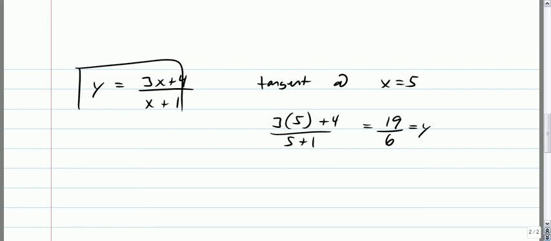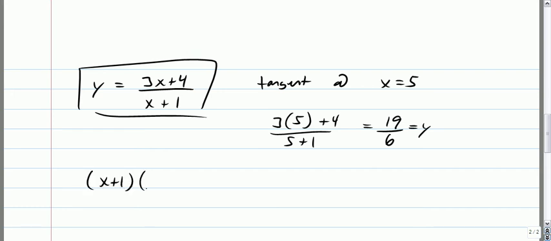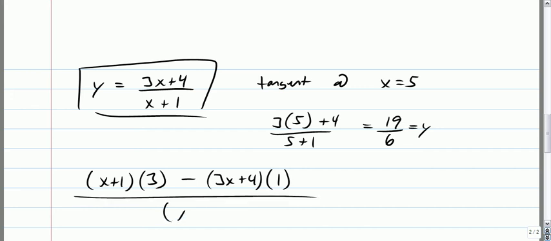I need to find the derivative of what I've got there, so that's low d high. The derivative of the top is just 3. So low d high minus high d low. The derivative of x plus 1 is just 1, over low squared. That's y prime. So I can simplify that a little.